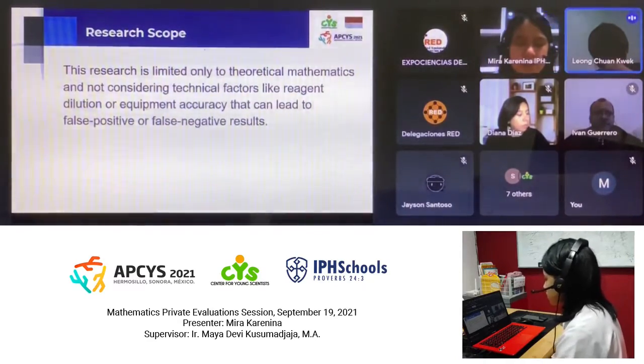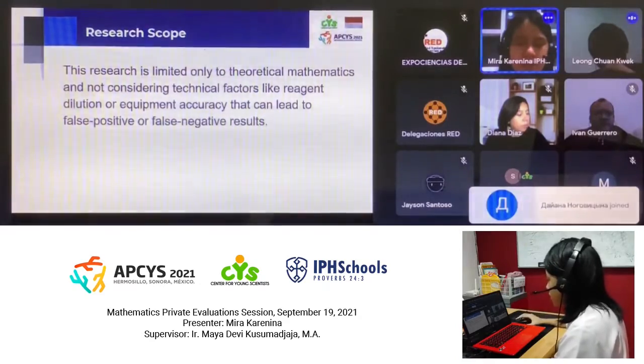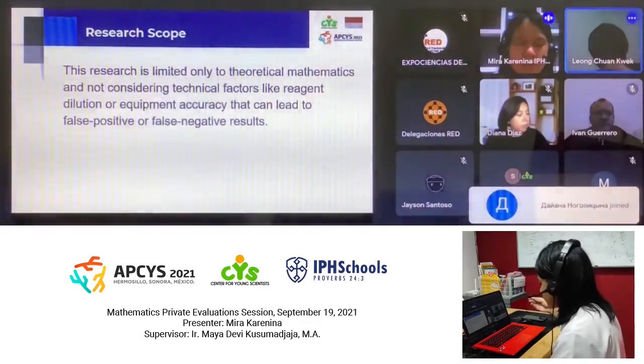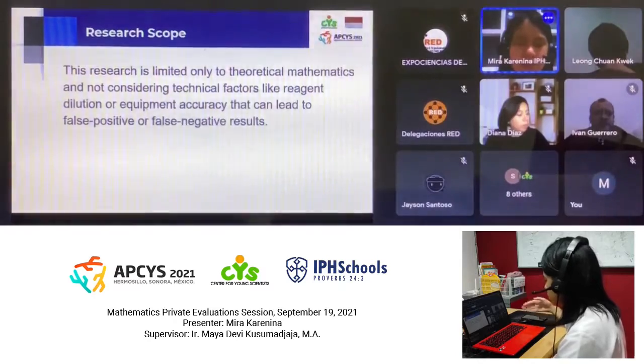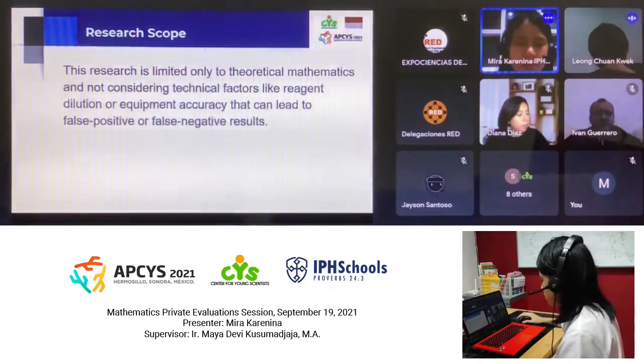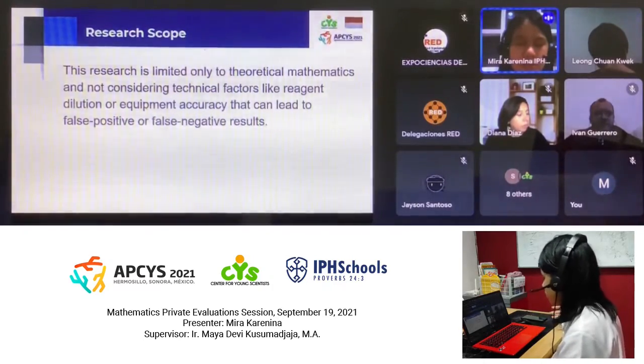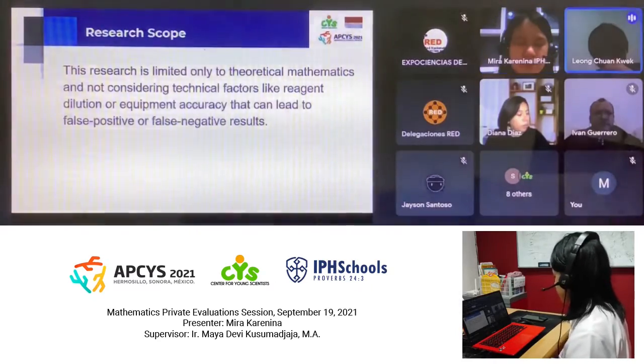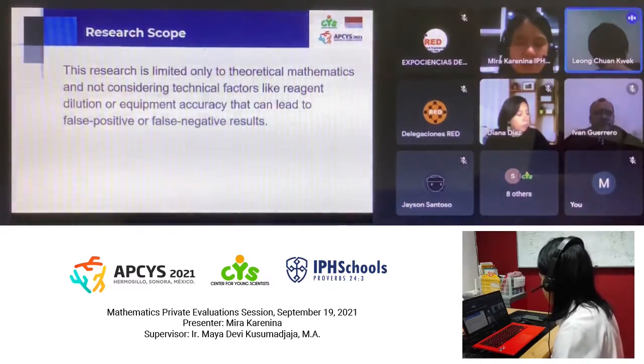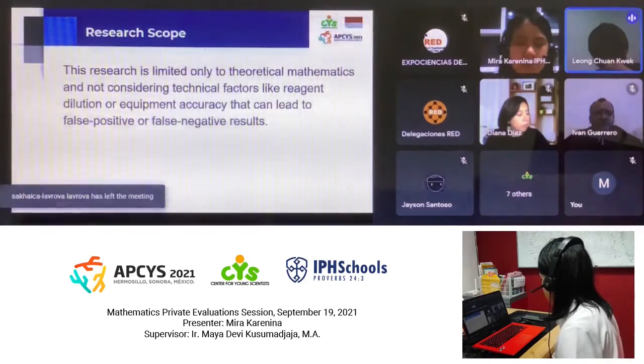And also, if I want to add, the ideal factors also include that the equipment is all accurate, so no false positive or false negative will be calculated here. So earlier on you said that this method was not suitable. There were arguments against it.